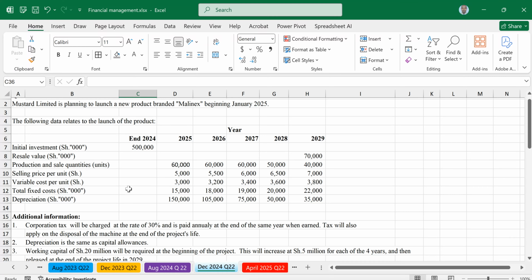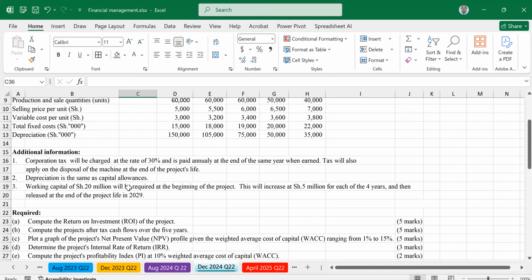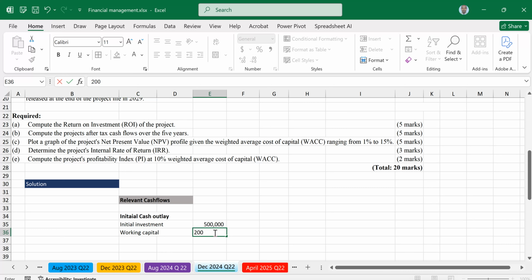There was also investment in working capital. Where is the investment in working capital? Additional information number 3: working capital will be required at the beginning of the project of 20 million. So working capital is 20 million.